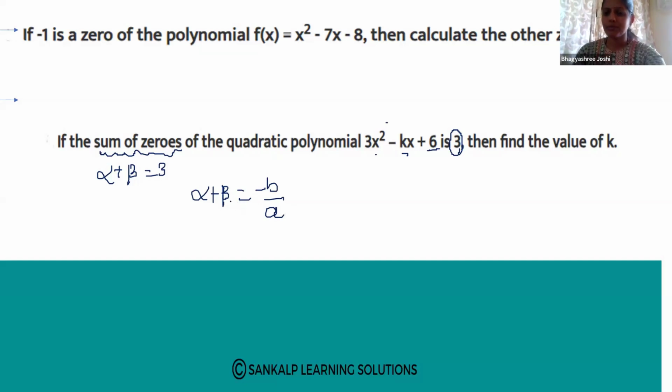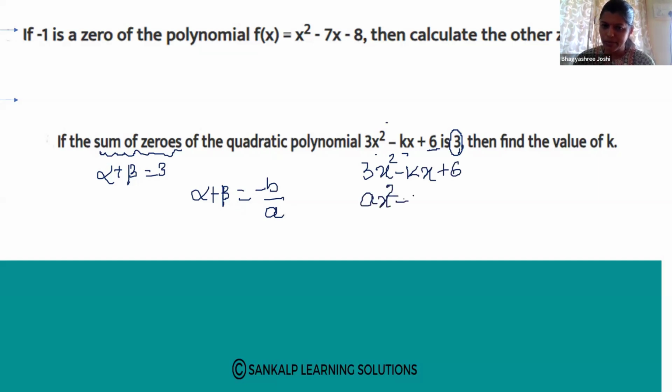Now, minus b divided by a. Here 3x square minus kx plus 6 is in the form ax square plus bx plus c. So what is the value of a? a is 3. Then what is the value of b? b is minus k. So a is equal to 3, b is equal to minus k, and c is equal to 6.